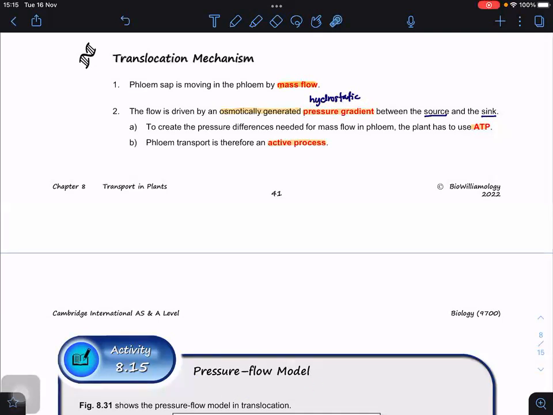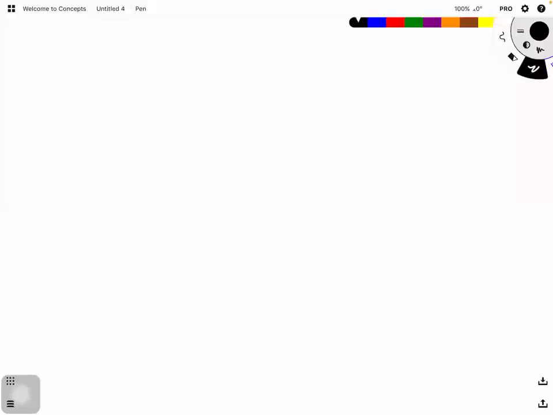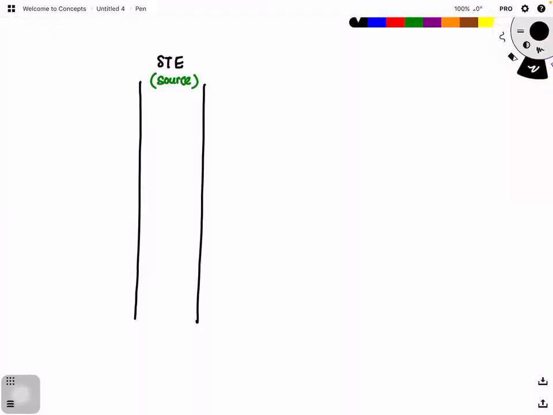Okay, so let us look at what actually happens. Let me draw this structure, the sieve tube elements. So this is a sieve tube element. We have the sieve tube elements at the top near the source, and the sieve tube elements at the bottom near the sink.